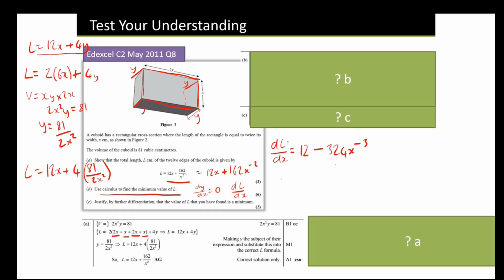Yep. Set that equal to 0. I'll probably plus the 324 this side. And this might be easier for you to work with if I write it like that. So we times both sides by x cubed, divide by 12, and then cubic root.